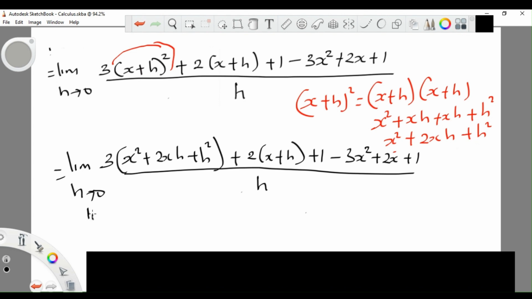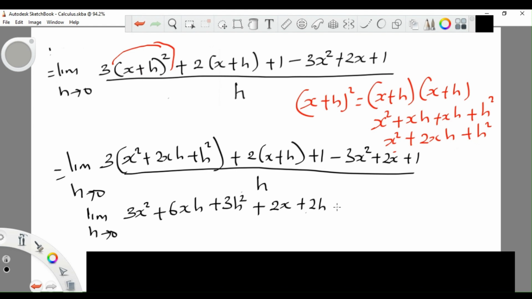So we now have the limit as h tends to 0. 3 times x squared is 3x squared. 3 times plus 2xh is plus 6xh. 3 times plus h squared is plus 3h squared, plus 2 times x is 2x, plus 2 times plus h is plus 2h.